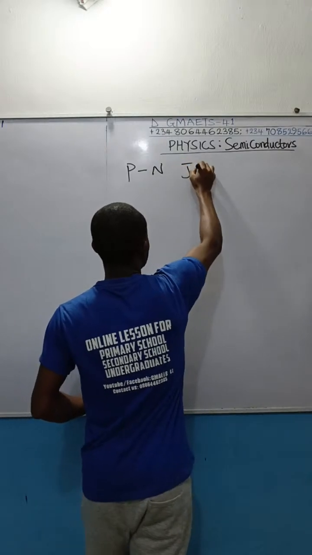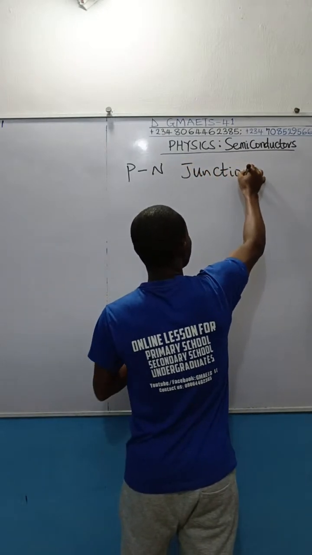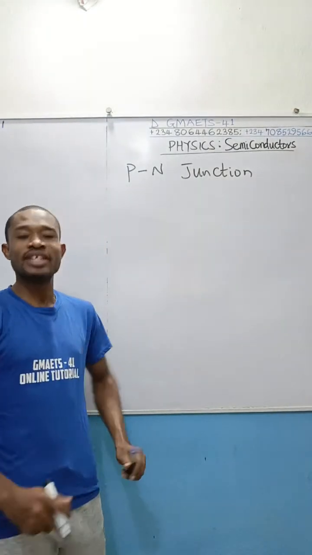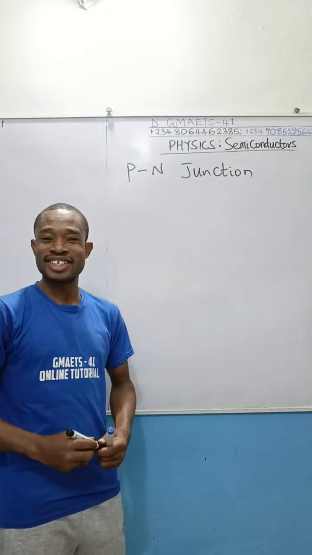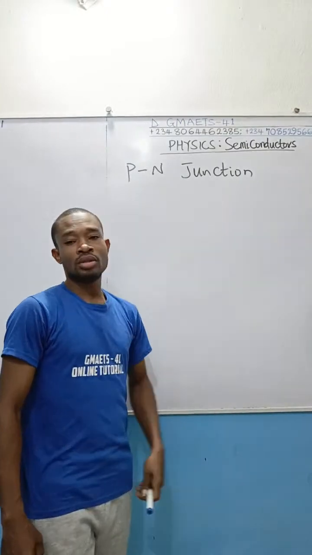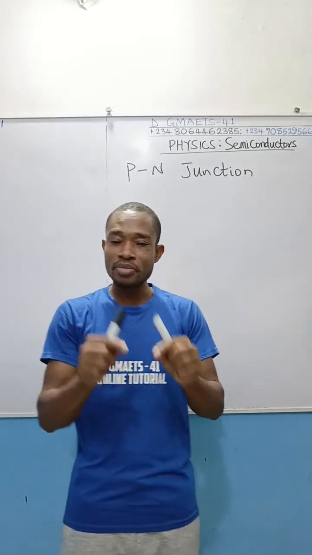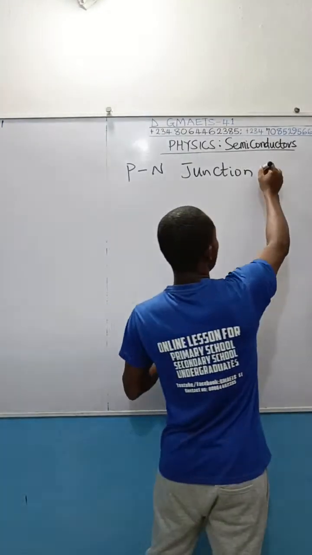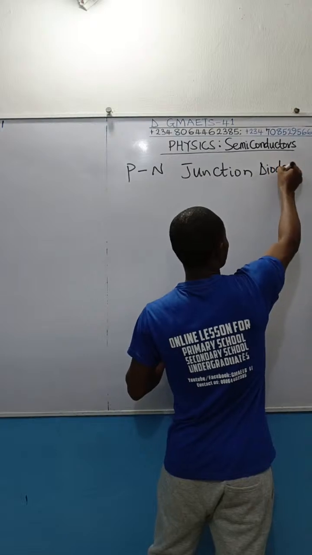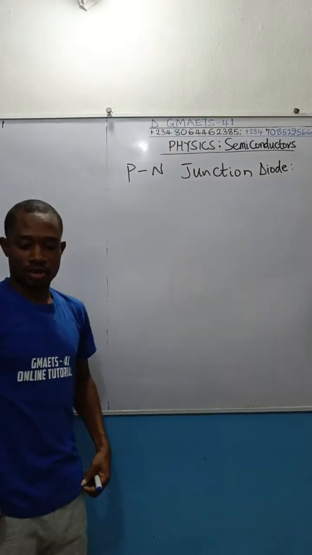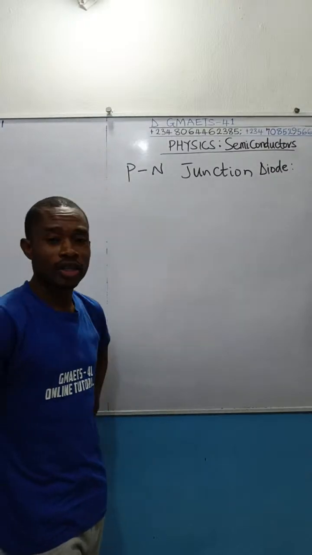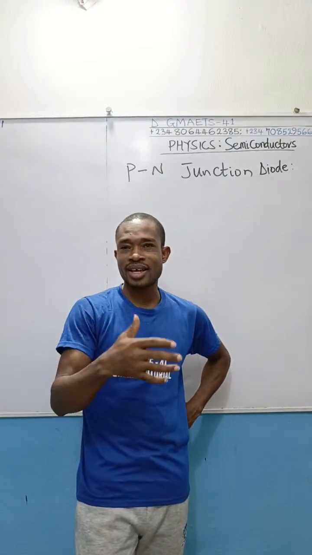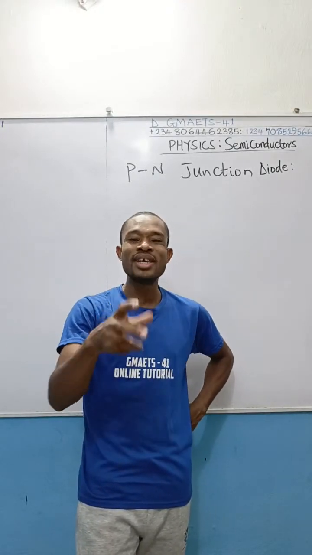P-N junction. Because it can do the work of a thermionic diode. This guy can do the same work that a thermionic diode does. We can call this P-N junction a P-N junction diode. It is also a diode, and it does not respect Ohm's law. In our previous class under current electricity, I made reference to ohmic and non-ohmic materials.